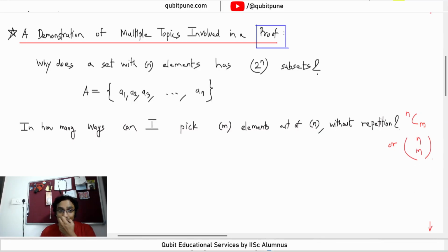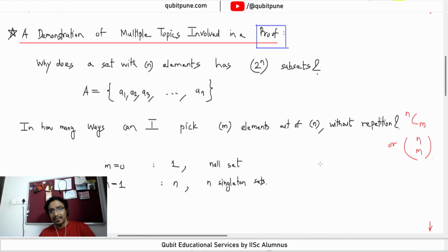Now if I set m equal to 0, I will get my null set. There is one way to do that. That is the null set. If I set m to 1, there are n ways to do that. I will get n singleton sets. Correct?